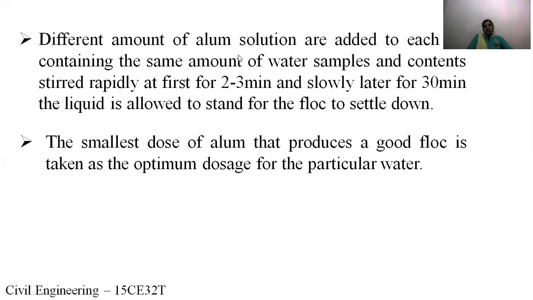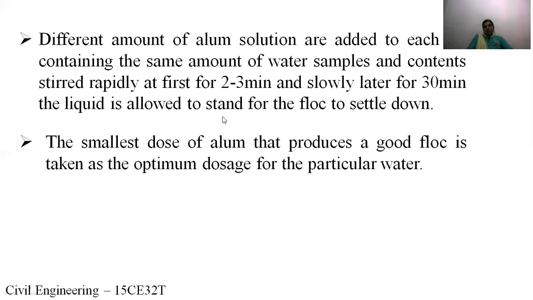Different amounts of alum solution are added to each jar containing the same amount of water sample, and the contents are stirred rapidly at first for 2 to 3 minutes and slowly later for 30 minutes.